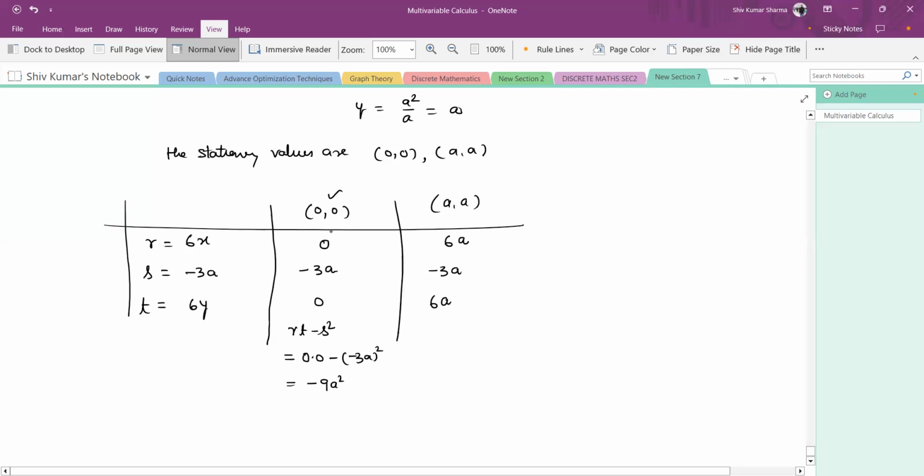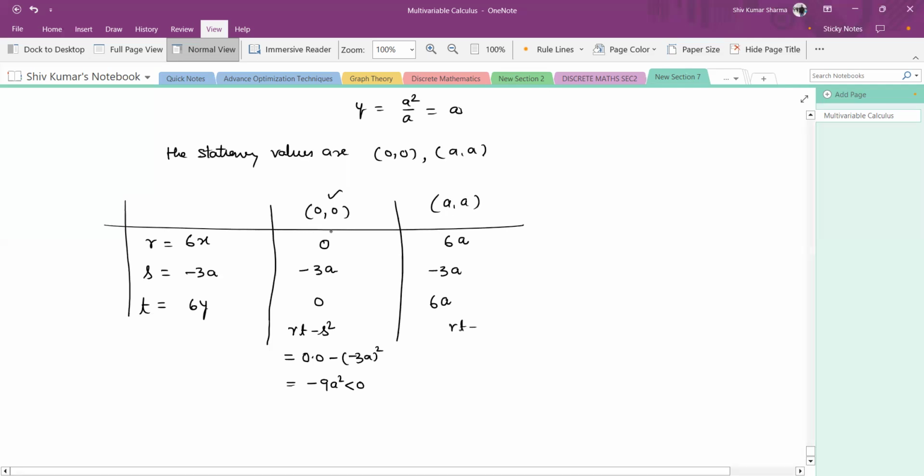This is always less than 0, so rt minus s square is less than 0. In this case, we have no extreme value.